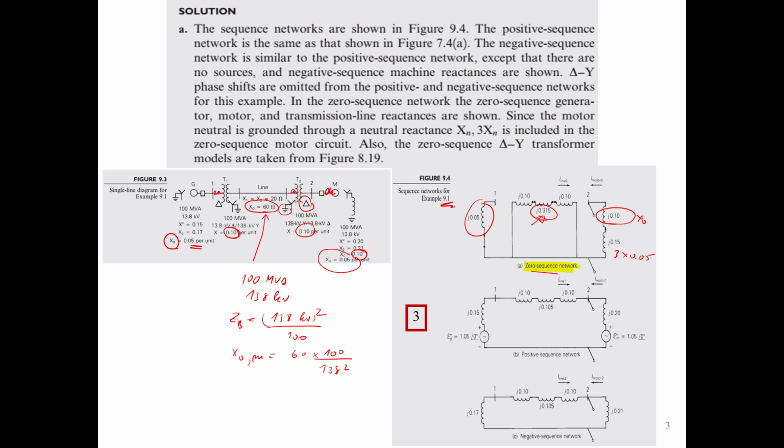But the positive and the negative sequence networks are rather simple. You just need to remember the positive sequence. We learned it already towards the end of the previous lecture, that the EMF, the voltage sources, appear in the positive sequence network only. And the positive sequence is very simple.